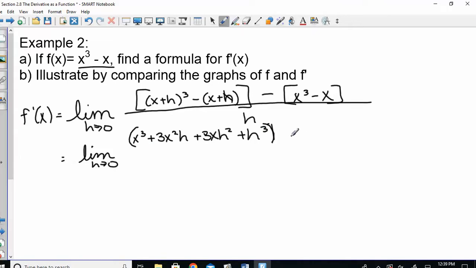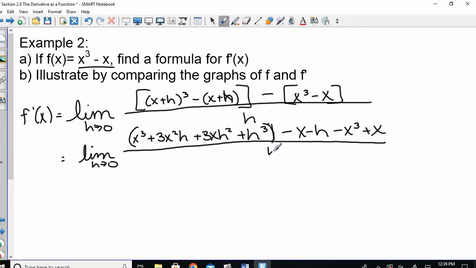We worked it out yesterday. Minus the x plus h, so we just distribute the negative, so minus x minus h. Minus the x cubed minus x, so minus x cubed plus x. What happens? Well, we can reduce an h out of everything.